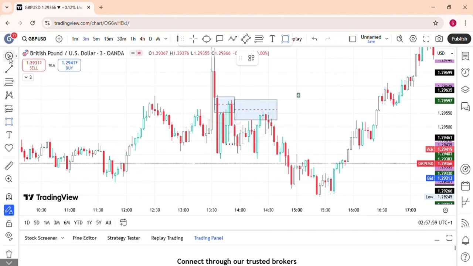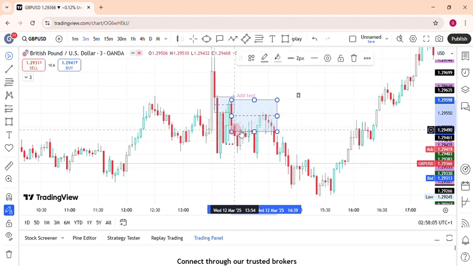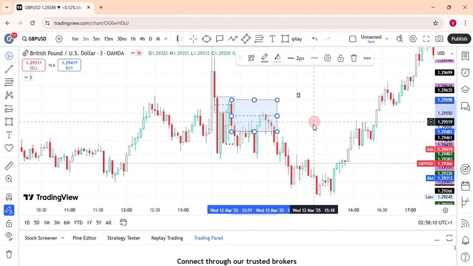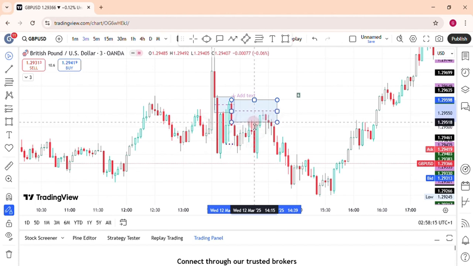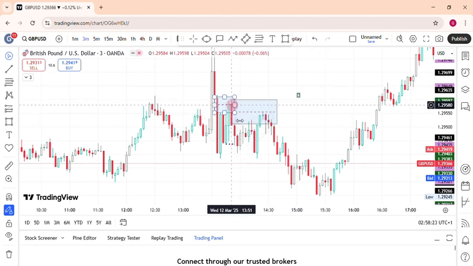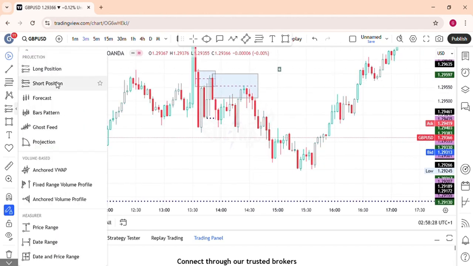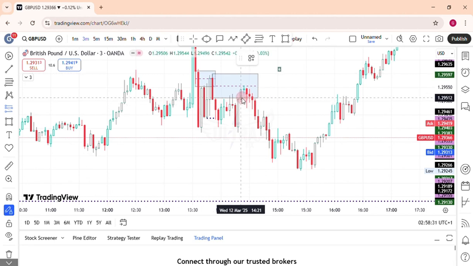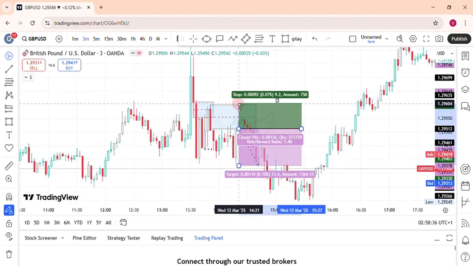So let's use this one we have here, extend it to this fair value gap right here, covering everything with the order block right here. And if you want a more risk to reward ratio and a more defined entry, you can just take your entry here at just this order block right here, and you set in your position for a short, and you go as the market goes bearish.